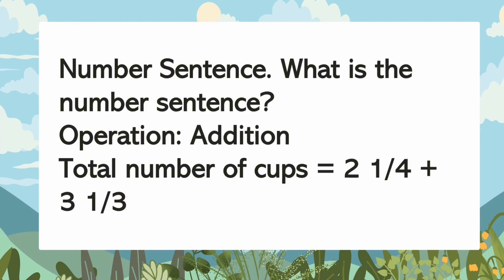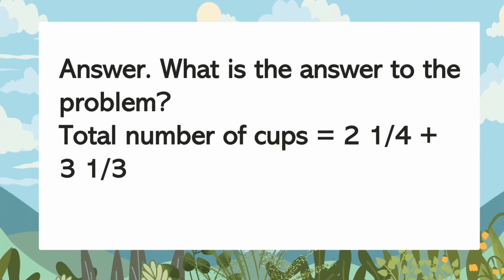And then for number sentence, what is the number sentence? Our operation here is addition, and the total number of cups is equal to 2 1/4 plus 3 1/3. So our answer to the question, what is the answer to the problem of total number of cups of 2 1/4 plus 3 1/3?